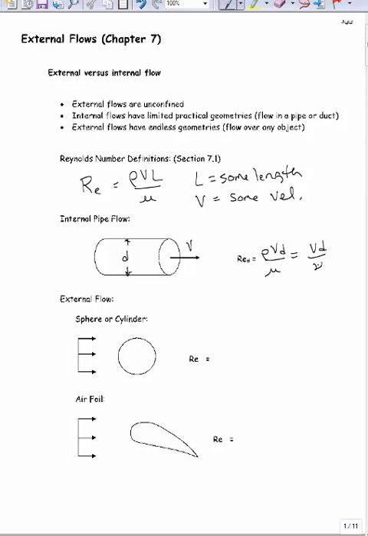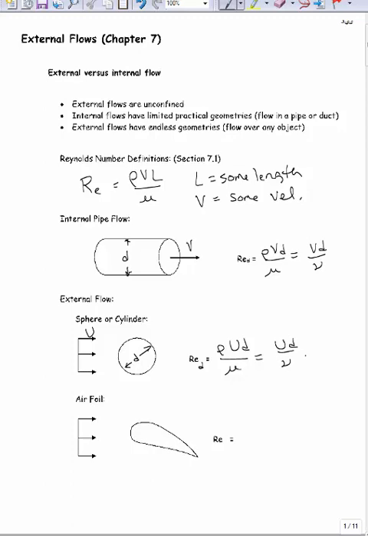For a sphere or cylinder, again those are round, so diameter is our characteristic length. Our Reynolds number again has a D subscript, and for external flow a lot of times we'll use U as our velocity. So rho U D over mu, or just U D over nu.